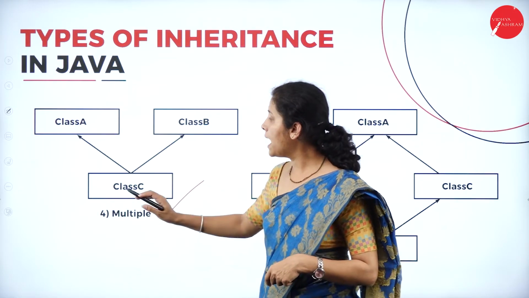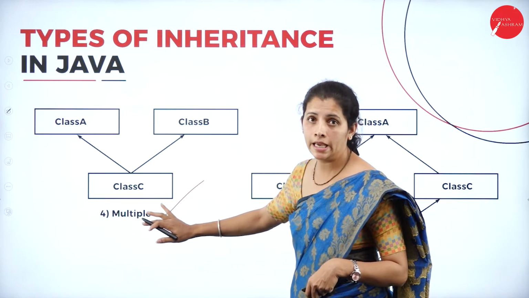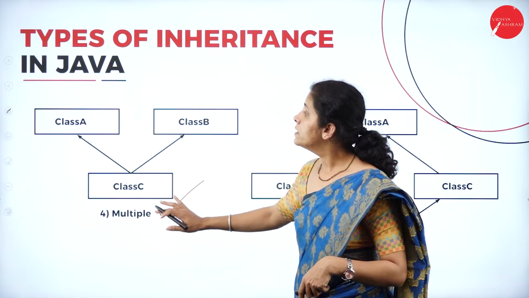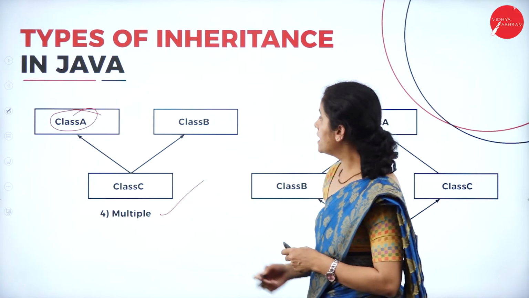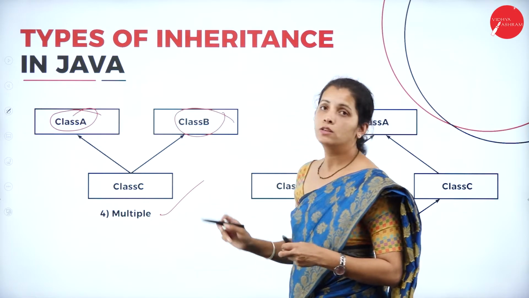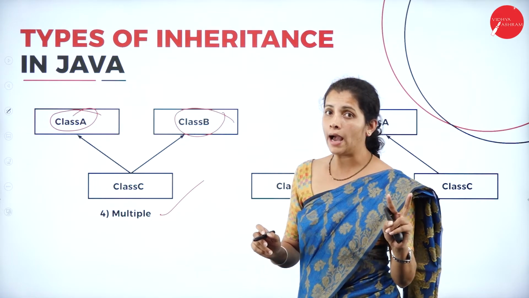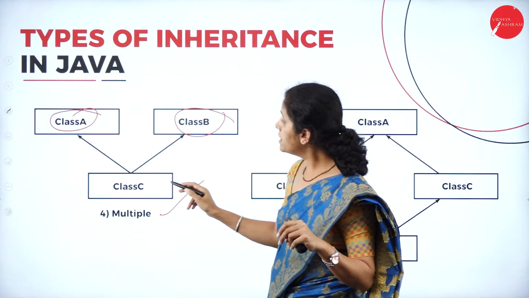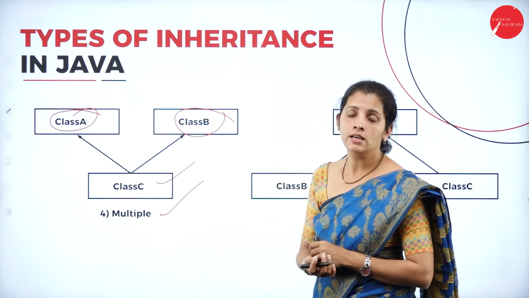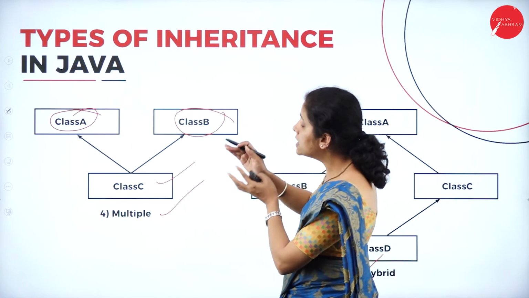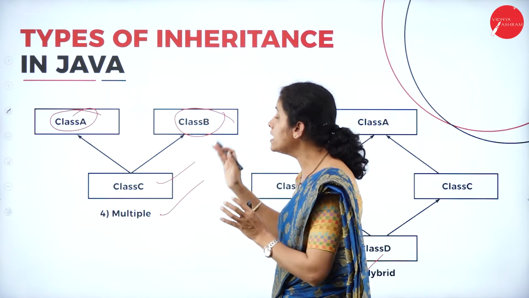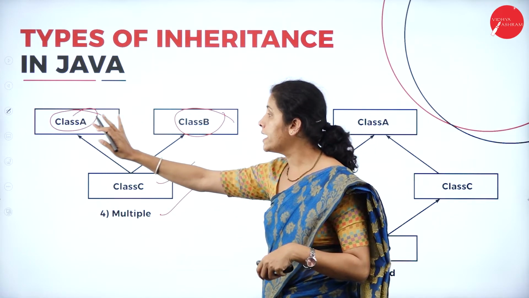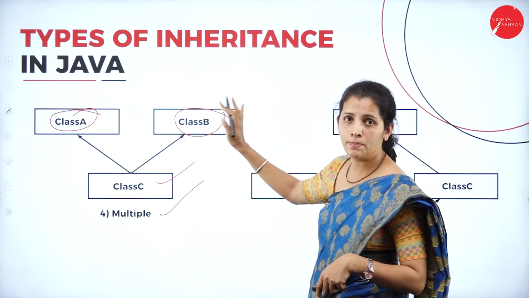Now I have multiple inheritance. Here I have class A and class B, so I have 2 parents and only one child. That means this child class is capable of acquiring the properties of class A as well as class B.